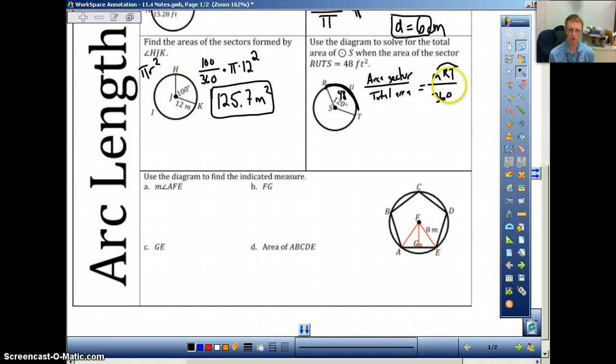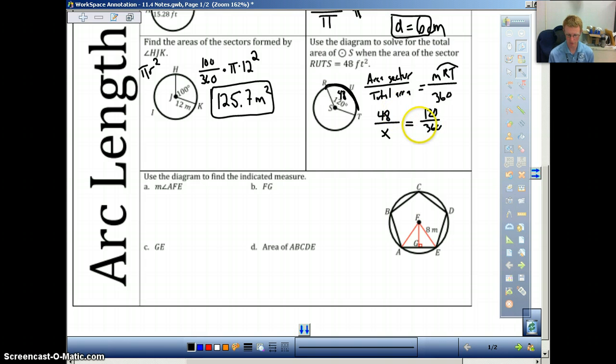But now what we do is we just plug in what we know. Again, area over the total area, that's a fraction. Measure of that degrees over total of 360, that's just a fraction. So here we're given the 48. We don't know what the total area is, so we'll just put X. We know the measure of RT is 120, and then over 360.